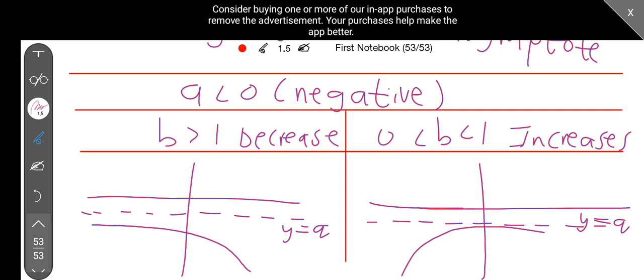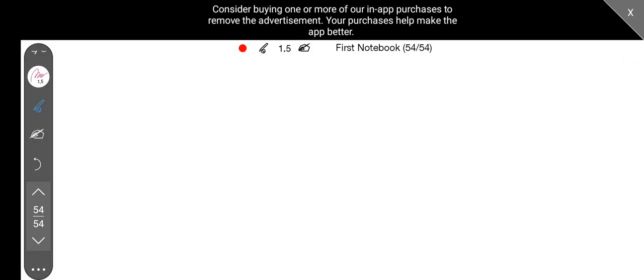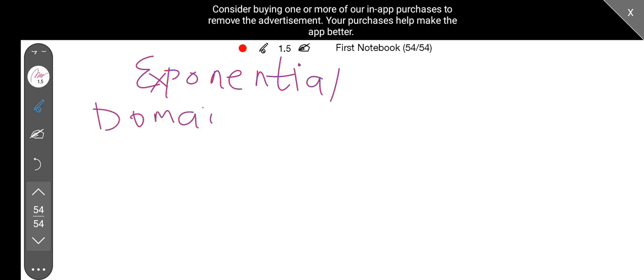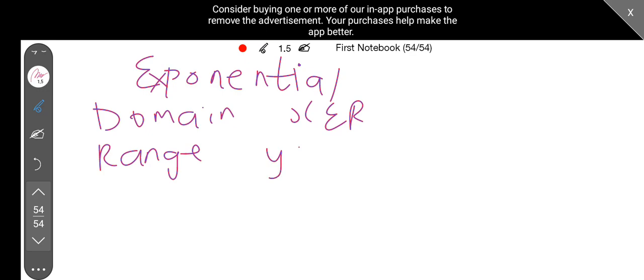So let's talk about the domain and the range of an exponential function before we do examples. So for an exponential function, the domain is always x is an element of real numbers, and the range is either y is greater than q or y is less than q.